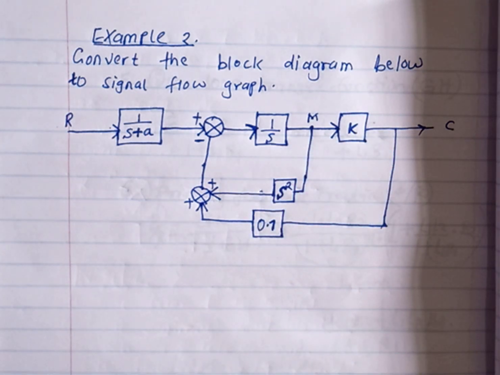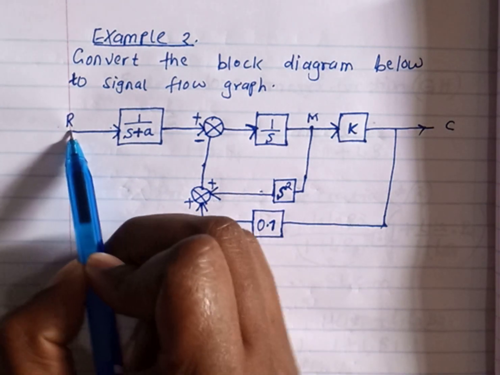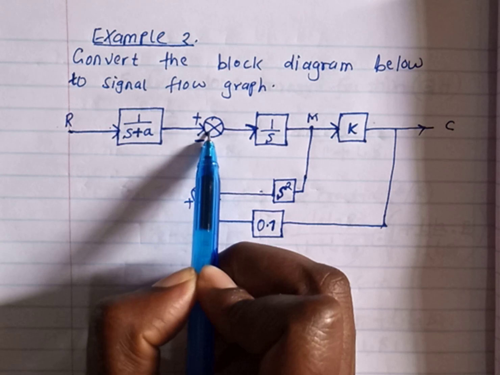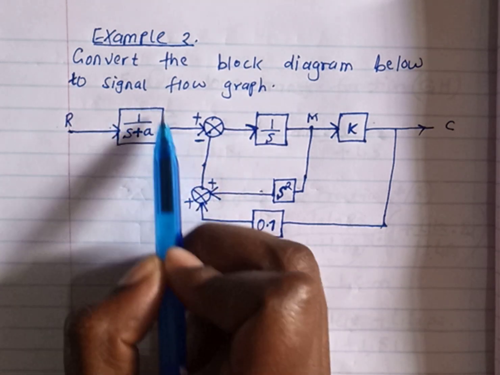So the first thing, to convert the block diagram to a signal flow graph, you have to remember all the terms that we've looked at previously about signal flow graphs. From the input R to this summing point, we have this gain block.